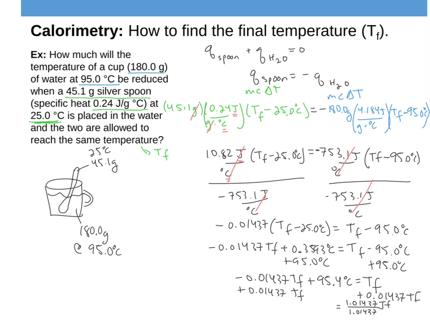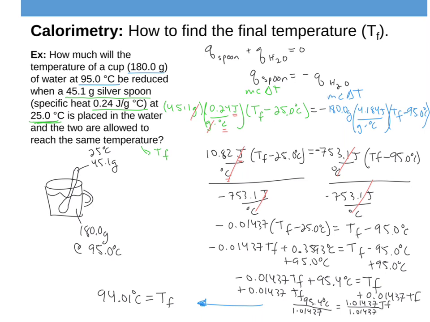What was this? This was 95.4. And then what you get, and I've run out of room, is that your TF, you get 94.01 degrees Celsius equals TF.